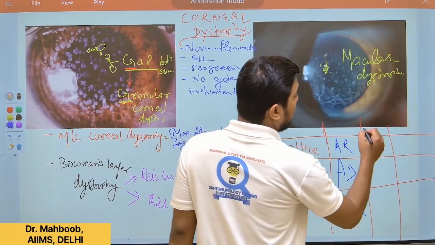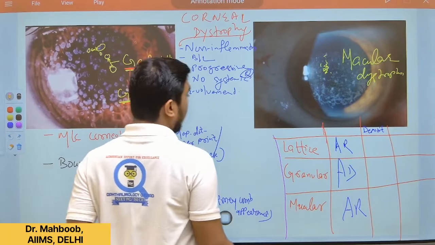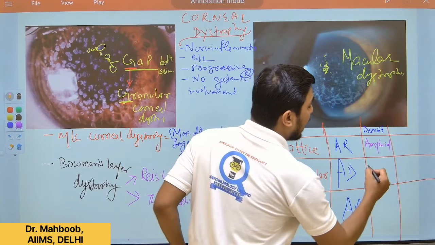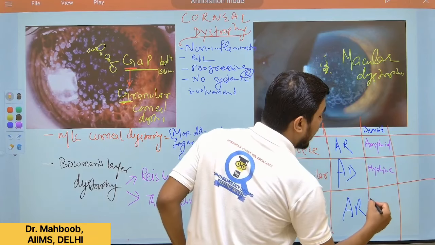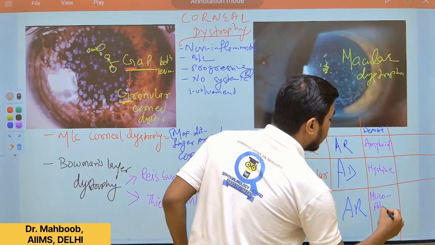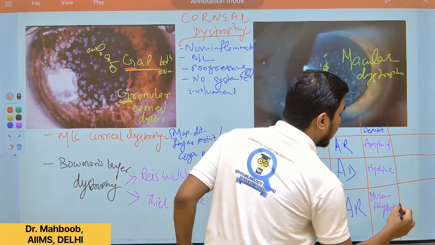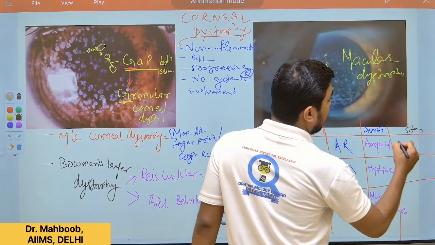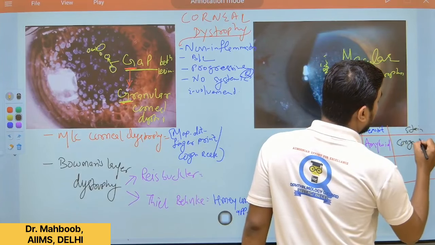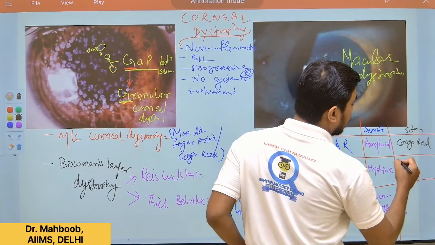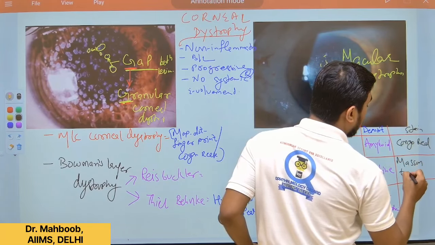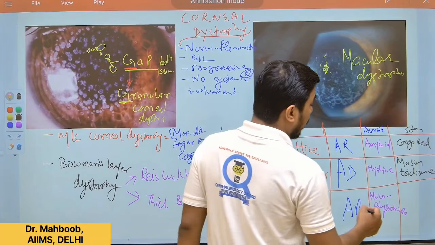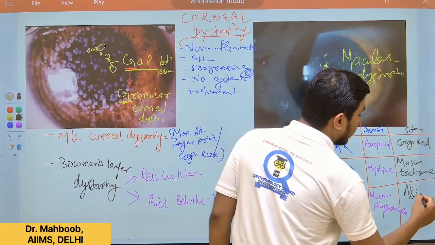After that, the deposits. What are the deposits? Amyloid deposit, hyaline deposit, and mucopolysaccharide. Stain: the stain is Congo red stain, and the next is Masson trichrome stain. And one more thing, mucopolysaccharide is Alcian blue stain.